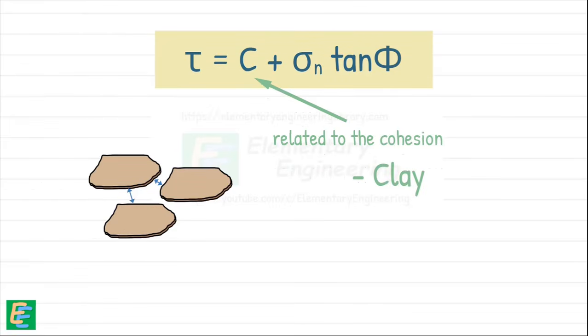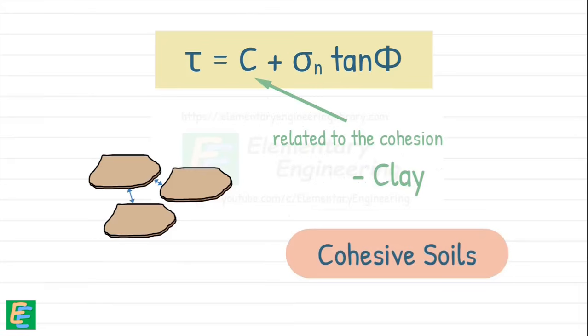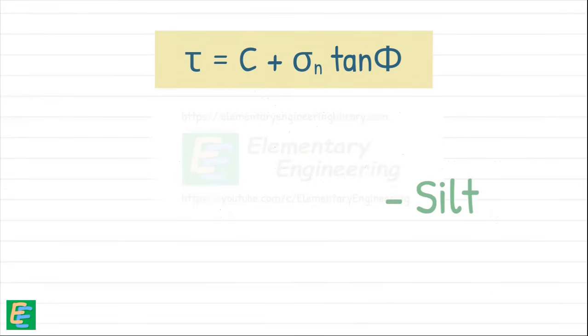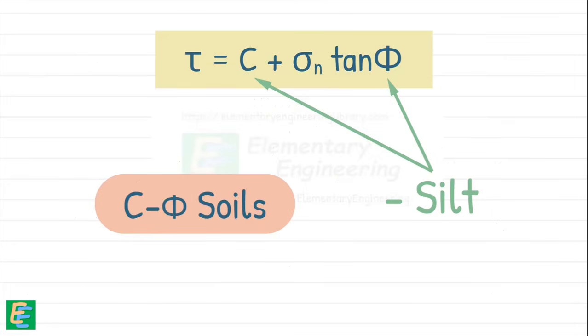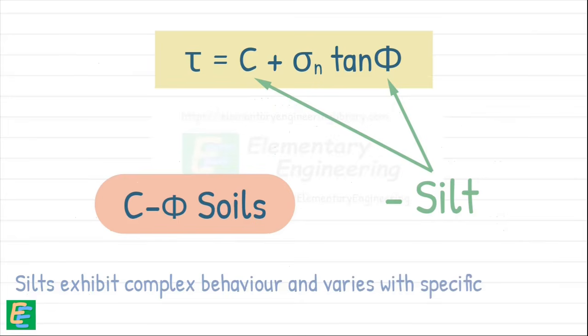That's why clay soils are also called cohesive soils. Between these two types of soils lie silt soils, which can display some amount of both internal friction and cohesion. While they are often characterized as C-phi soils, their behavior can be quite complex and varies depending on specific conditions.